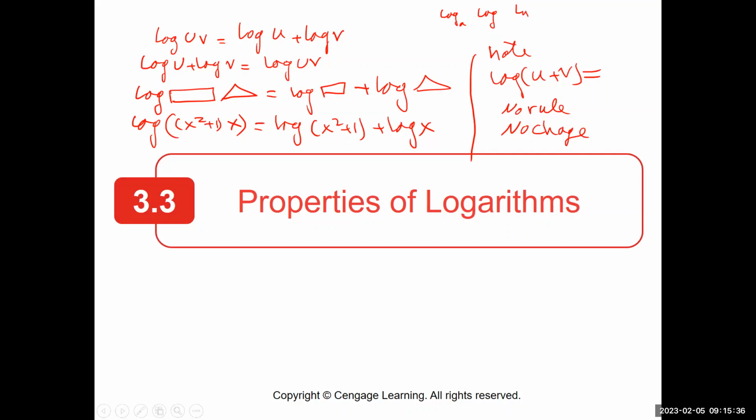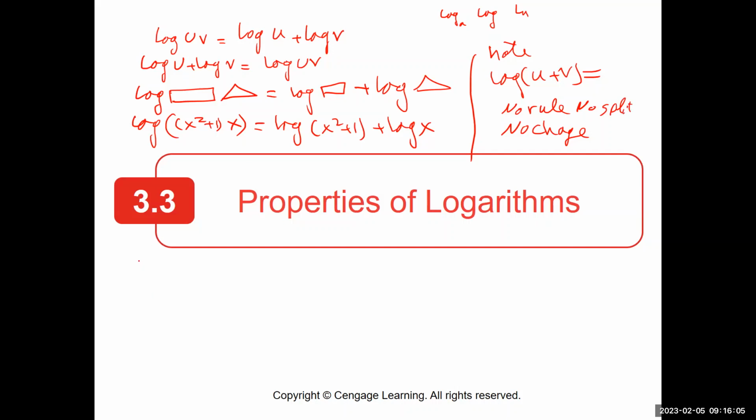It's going to stay like that, like in here. X squared plus 1, you cannot split it. It's going to stay like that. So that's a very popular mistake. Students say log of x squared plus log of 1. You cannot do that. That is wrong. No rule, no change, no split. Okay. That's the first rule.